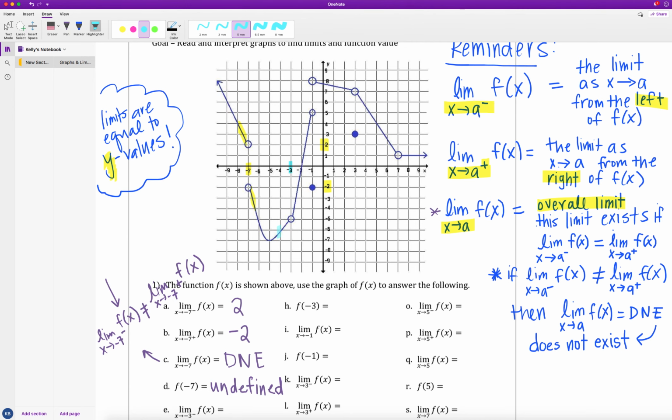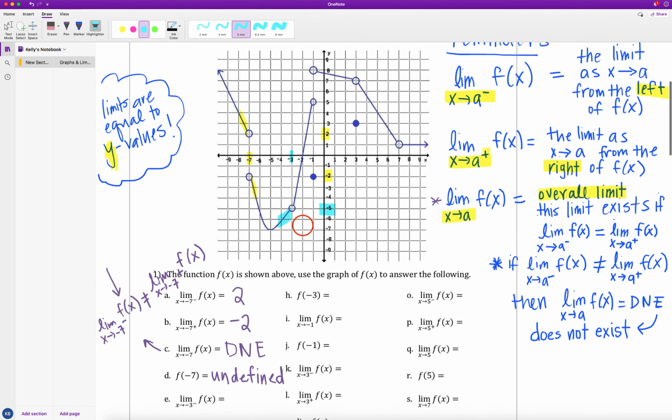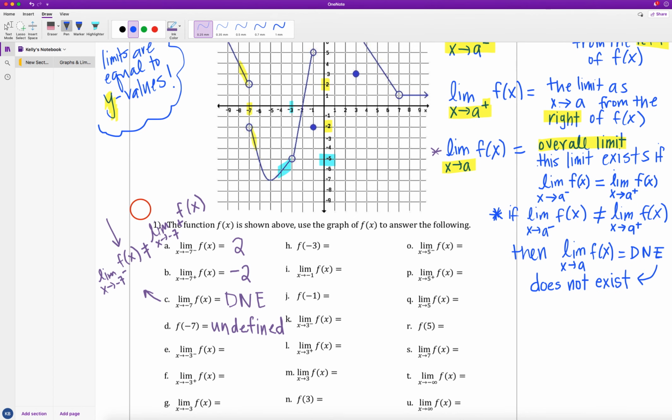And from the left-hand side, we're looking at this segment that is literally to the left of -3, and it is approaching, yes, an open circle, but that open circle is happening at -5. So what that tells me then is the limit as x approaches -3 from the left is going to be equal to -5. So we go down here, we can write in -5.